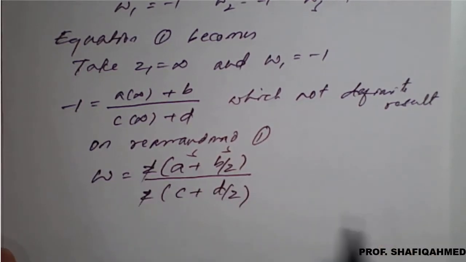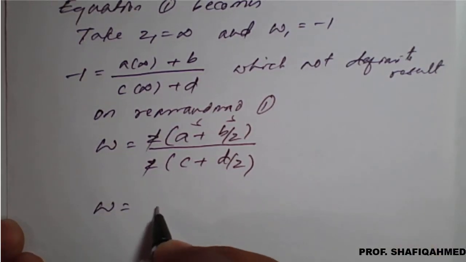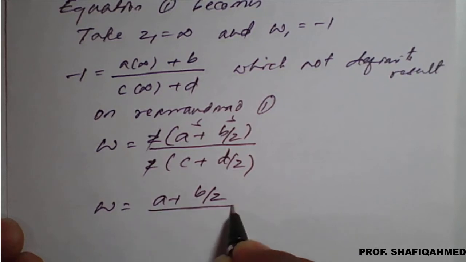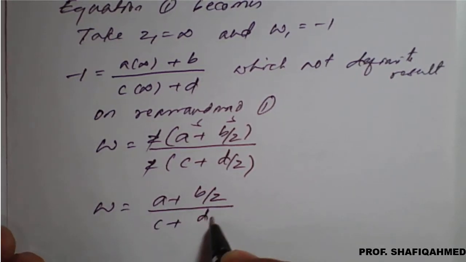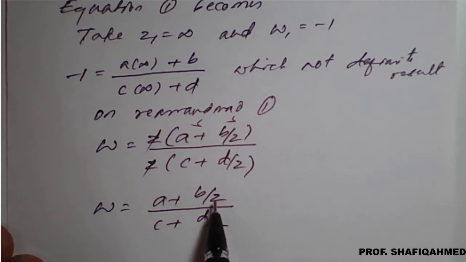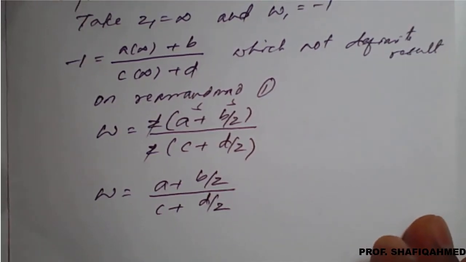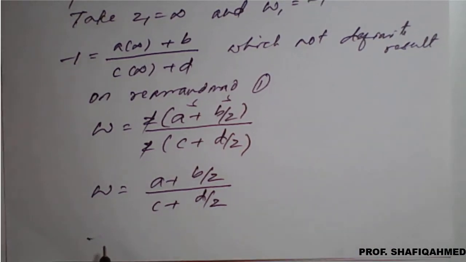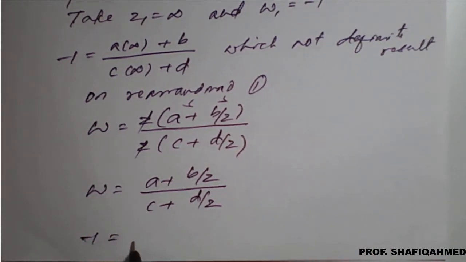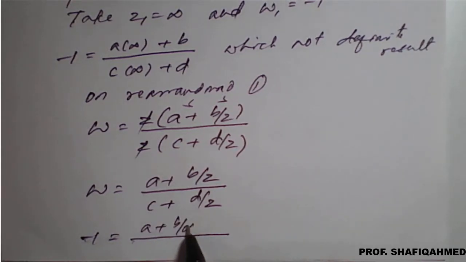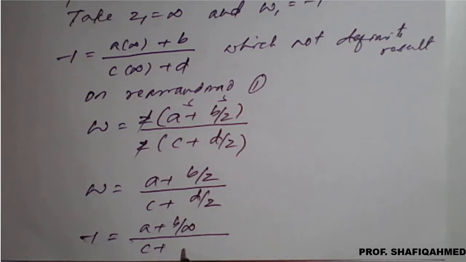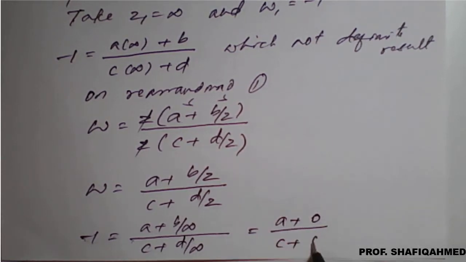Now this z cancels, so w = (a + b/z) divided by (c + d/z). Now we apply z as infinity and w as -1. It becomes -1 = (a + b/infinity) divided by (c + d/infinity). But any value upon infinity is always 0, so it is (a + 0) divided by (c + 0).